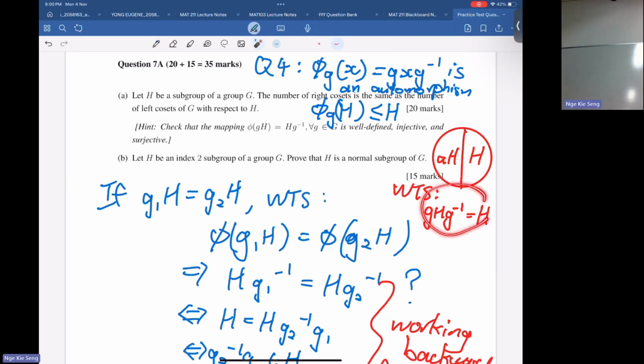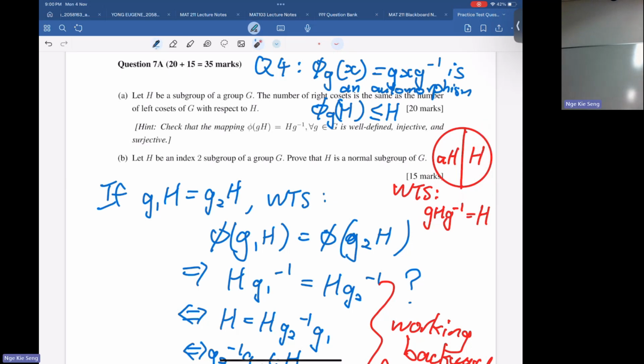I want to claim that this GHG inverse is equal to H. Can I claim that? You think it's not enough? Okay, if you think it's not enough, what do we need to do? We need to at least show that this intersection is not empty first. They have something in common. If there's something in common under this partition, they have to be the same thing.